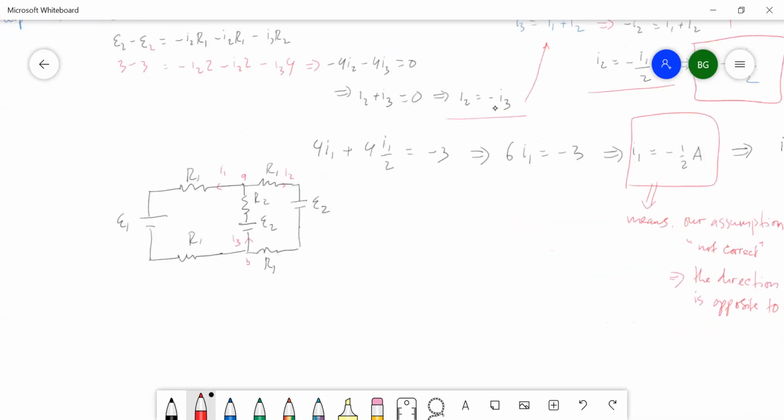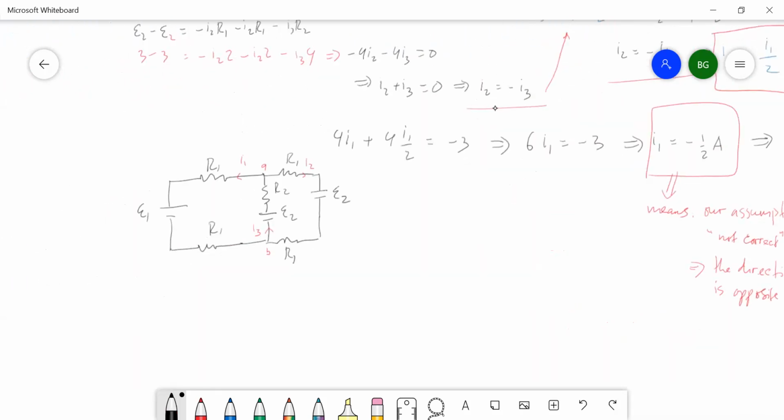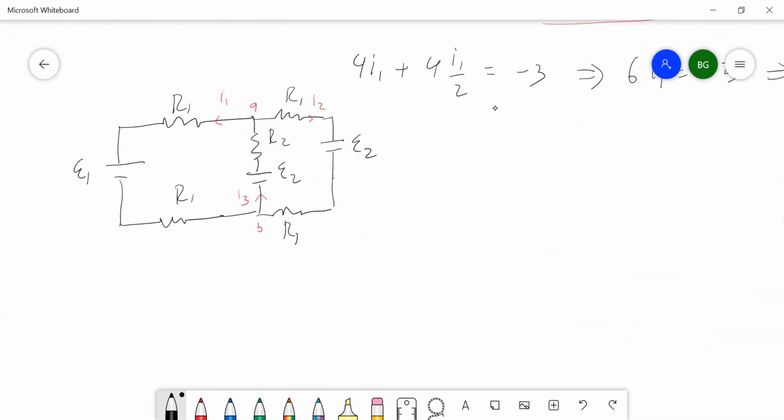Okay, how to calculate the voltage? So the question is how to calculate the voltage VAB.